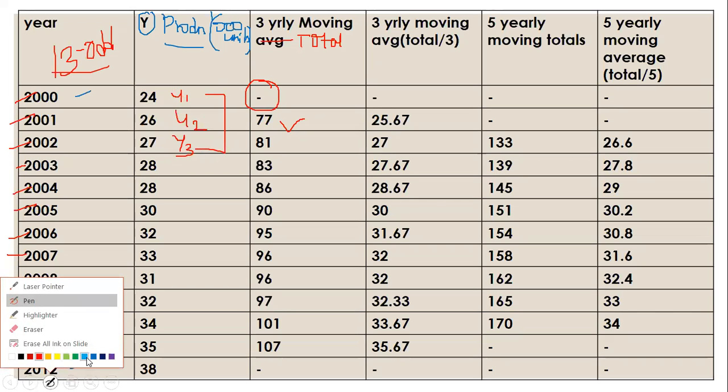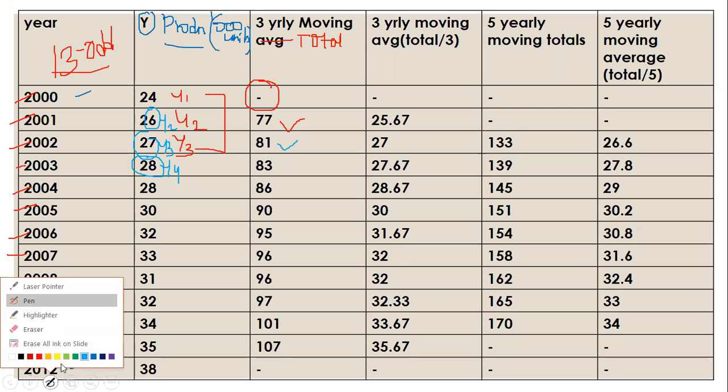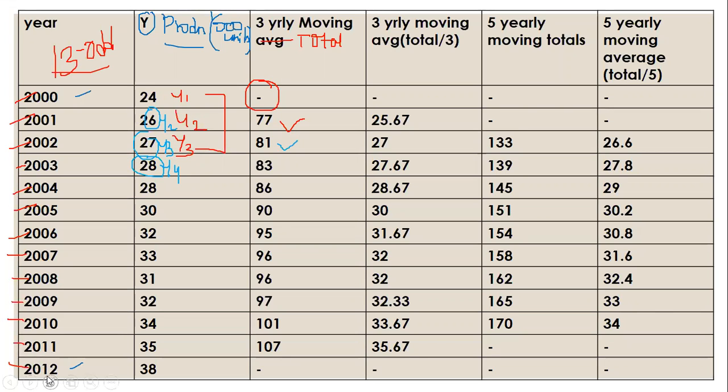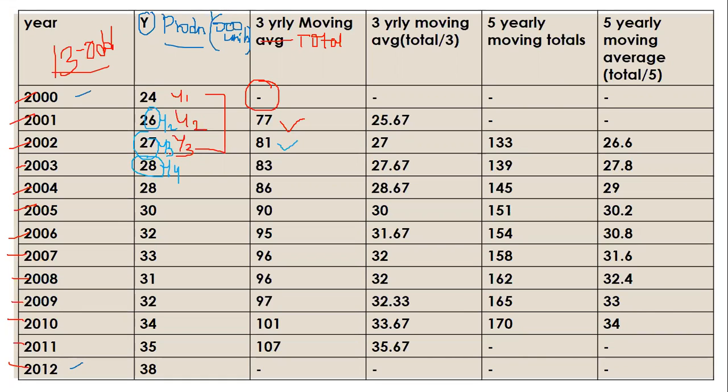Now, going to the next moving total, y2, y3, y4: 26, 27, 28. If you add all three, you will get 81. Next, we go to y3, y4, y5.